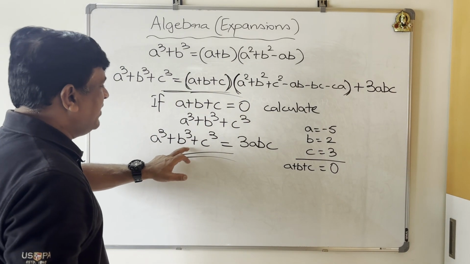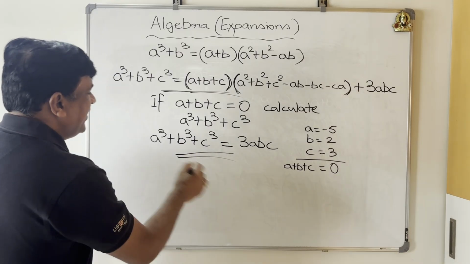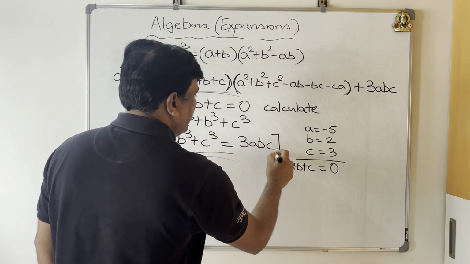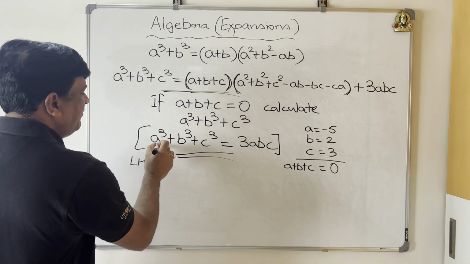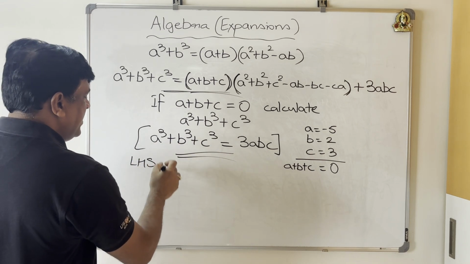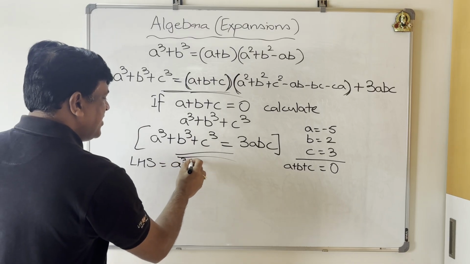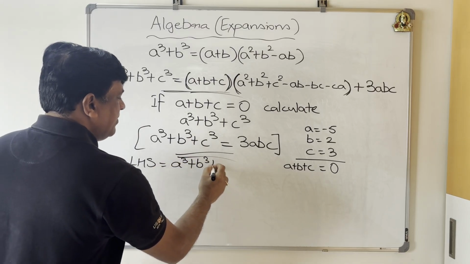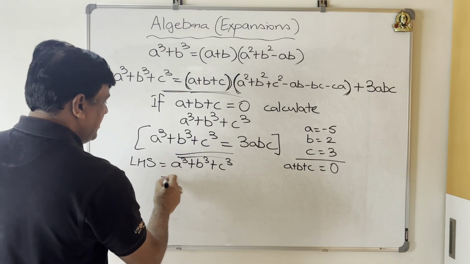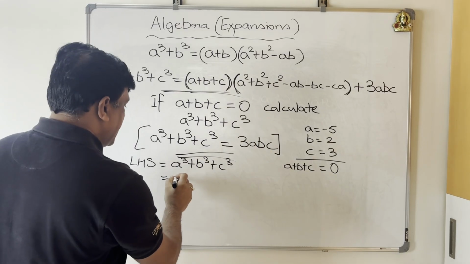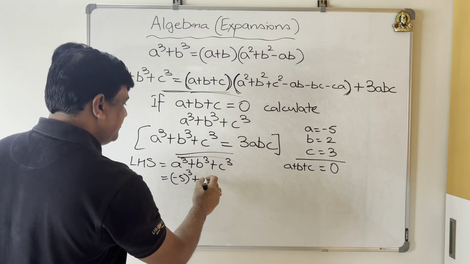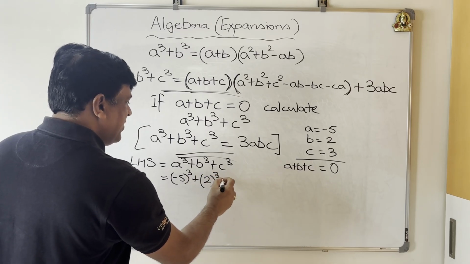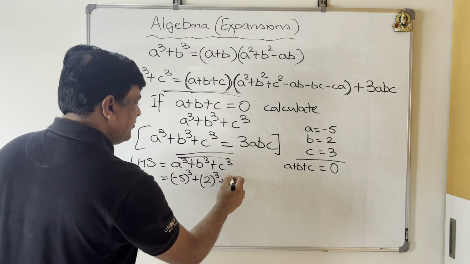Now let's plug those values in and check whether this theorem works or not. On the left hand side, I have a cube plus b cube plus c cube. So a cube, a is -5, plus b is 2 to the power 3, plus c is 3 to the power 3.